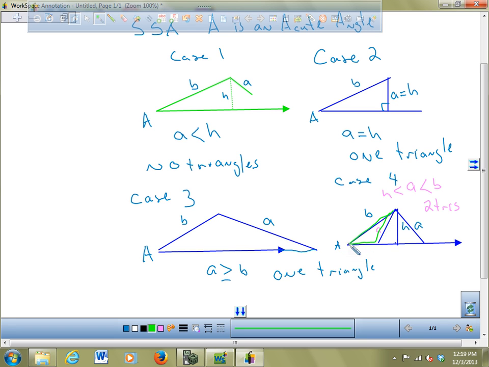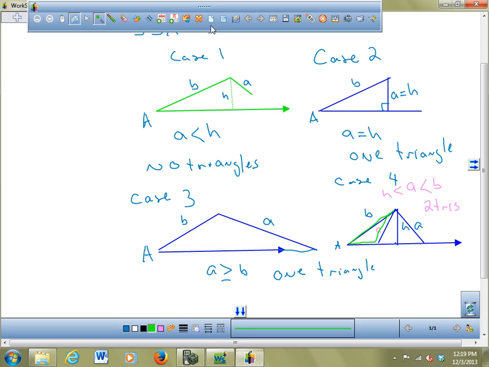Given this angle, this side, right, and this side. And here's another triangle with the same angle. This angle, this side, and this side over here, right? So there's two different triangles going around. There's this triangle right here, and there's this triangle right there. Got it? So that's if you're given an acute angle.